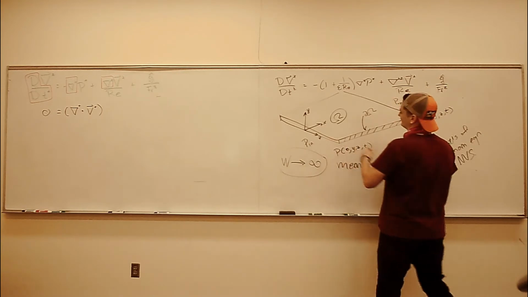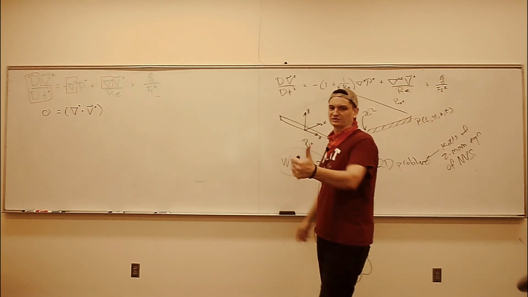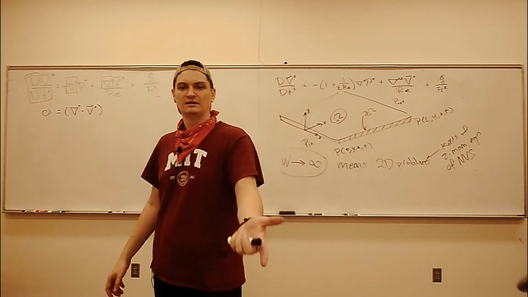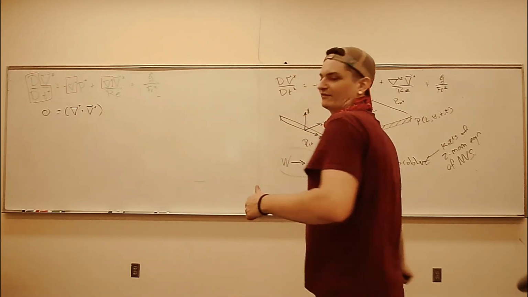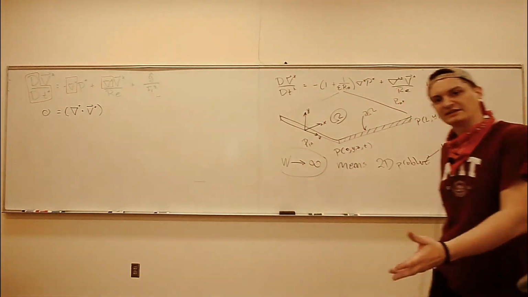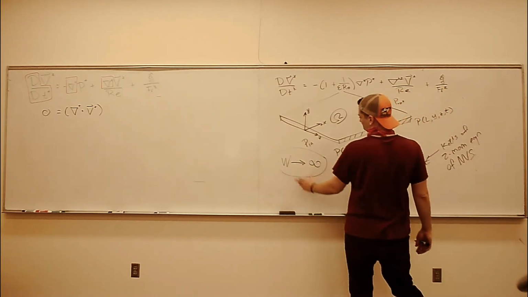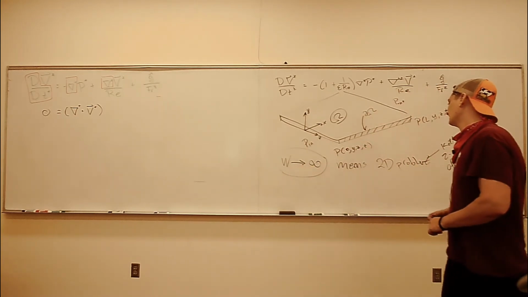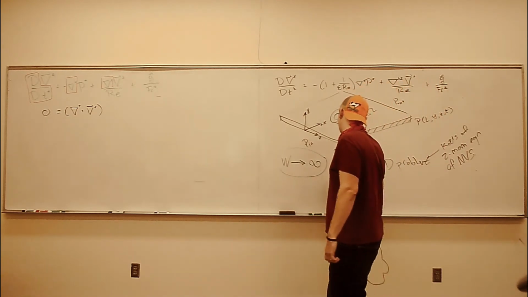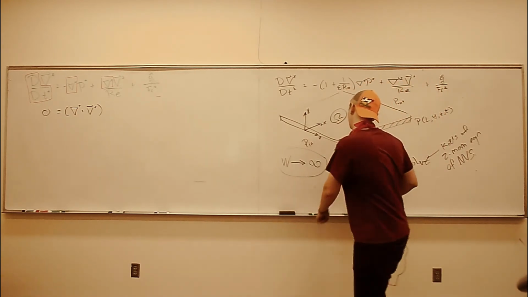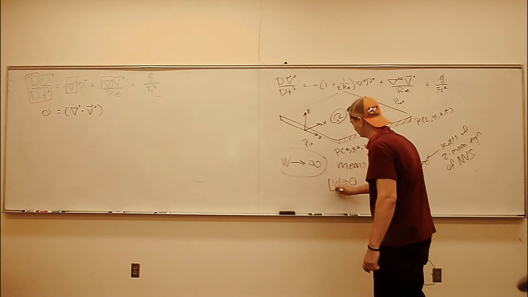The inlet and outlet, let's say, would be assigning values at x equal to 0 and x equal to L. Top and bottom would be assigning values when y is equal to 0 and y is equal to h. Assigning values at w, you don't have them, but let's just say they're symmetrical. Right? So another version of 2D is actually just saying that the velocity in the w direction is equal to 0.